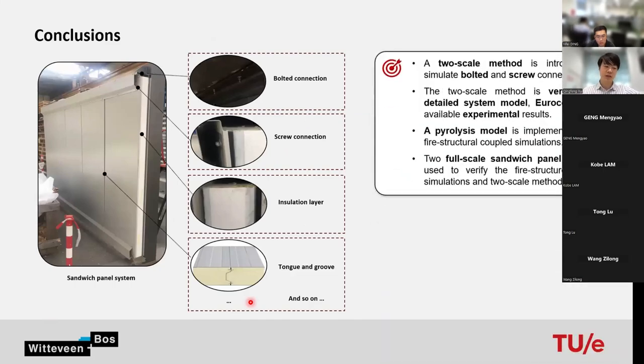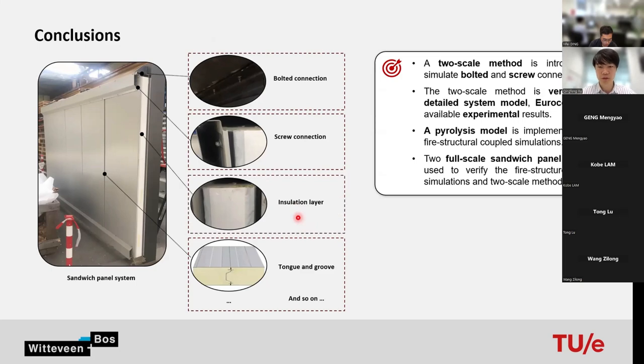And as a conclusion, for my PhD project, I have developed the two-scale method for the bolted and the screw connections, and I verified this two-scale method with a detailed system model, Eurocodes, and available experimental results.